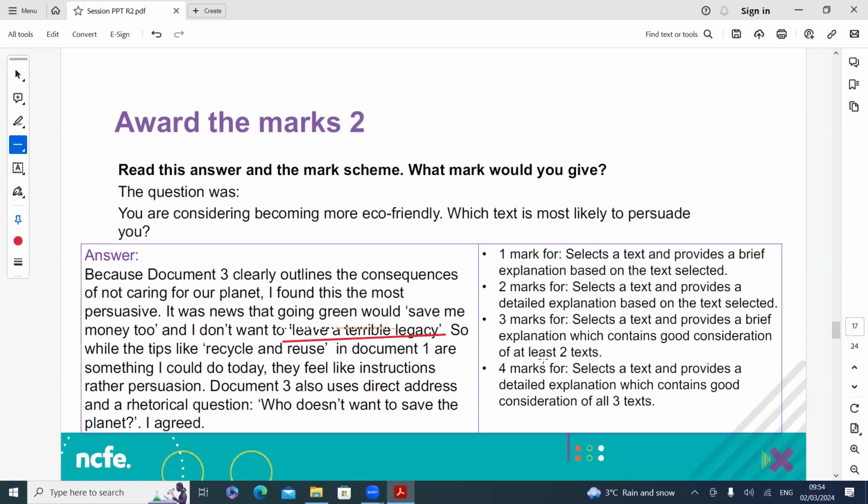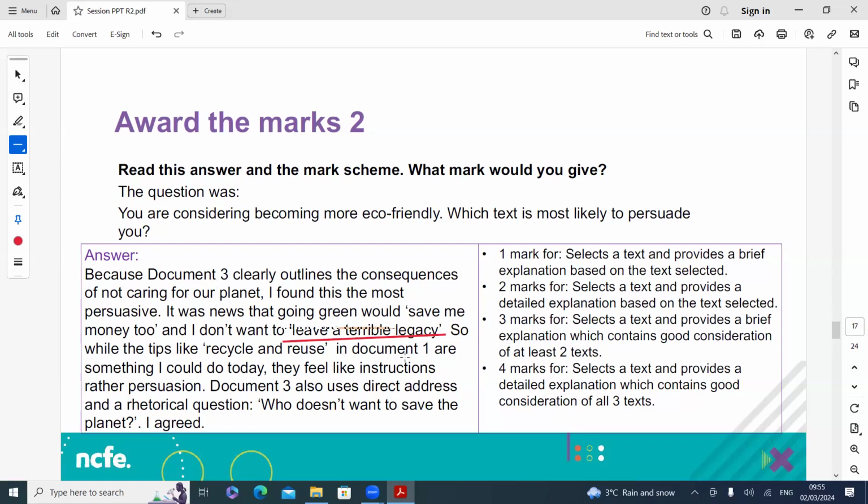For 4 marks, selects a text, provides a detailed explanation. We've already decided it does do that, which contains good consideration of all 3. Does it consider all 3 texts? Who doesn't want to save the planet? Document 3. So it refers to document 3.